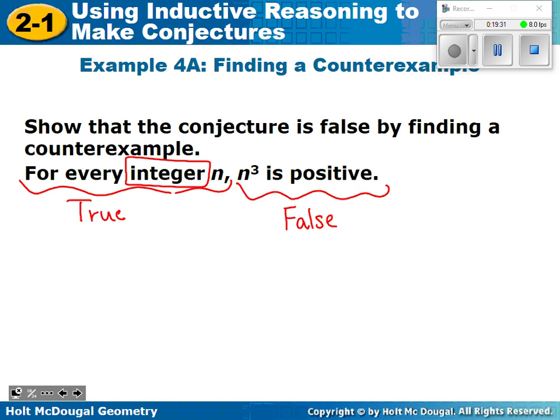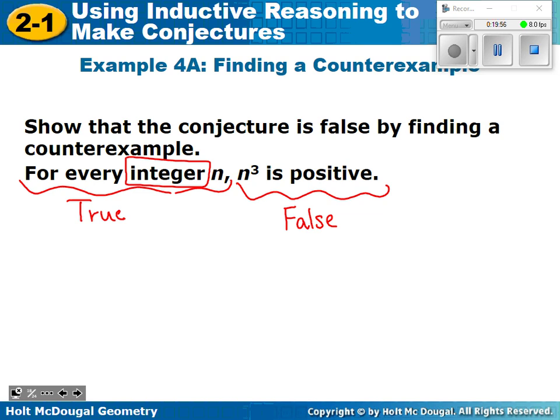So you're trying to come up with a specific example that keeps the first part true, but makes the last part false. So for every integer n, we're going to pick a number that is an integer and let it be our value for n. We want n cubed to not be positive, because this says n cubed is positive, and we want to prove that this is false. So we're going to come up with a counterexample.